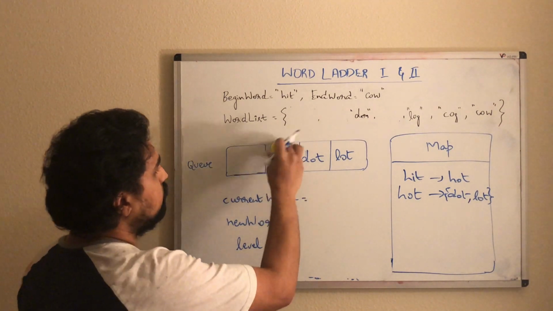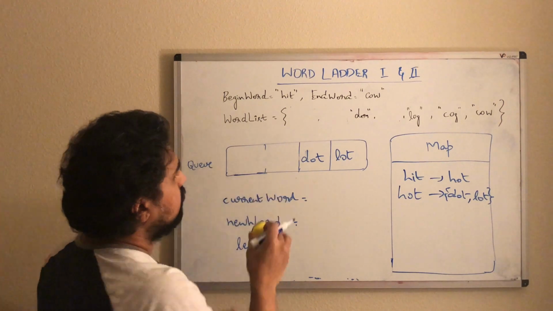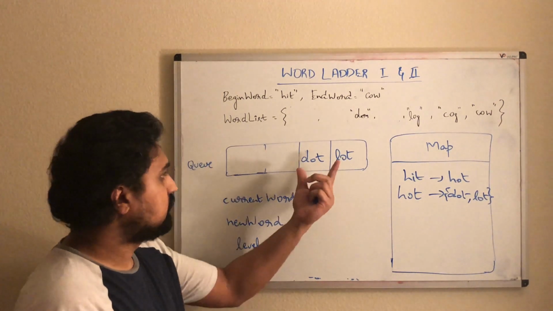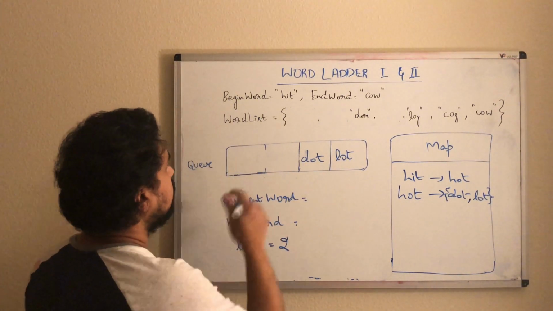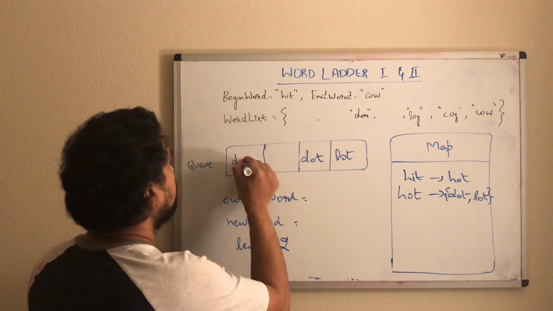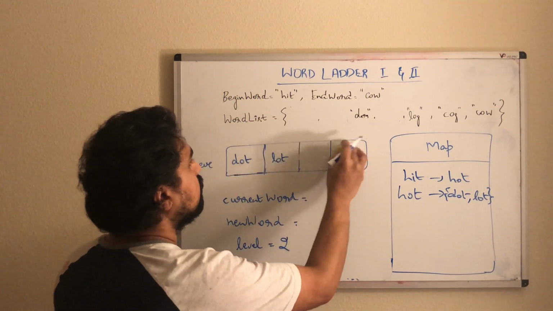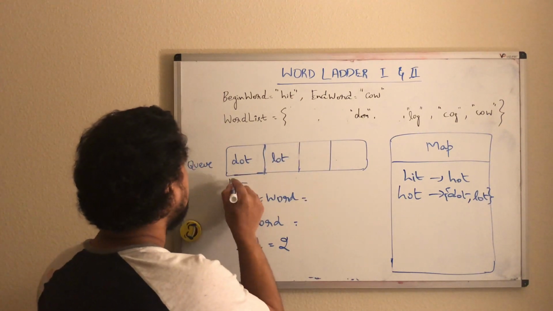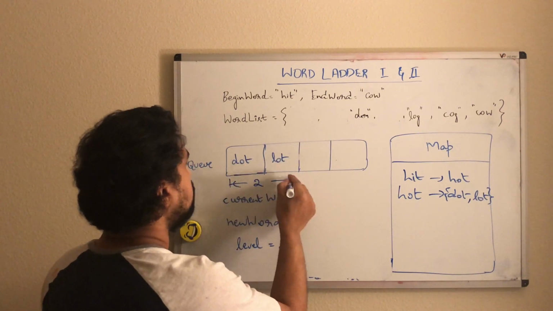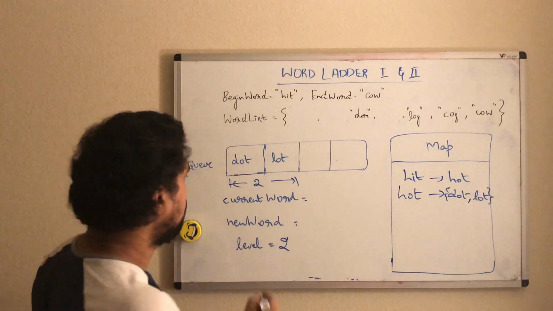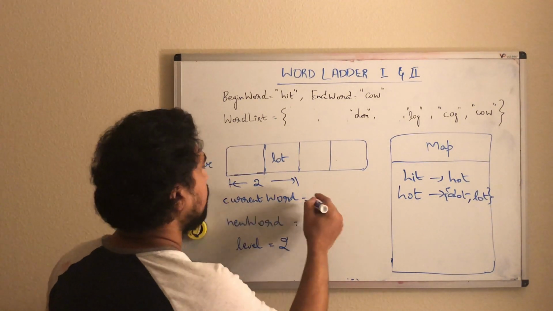We have already polled this word. Now because of space constraint, I shall move these words here. Now in this level 2, we have 2 words to process. So first we'll poll the word dot.